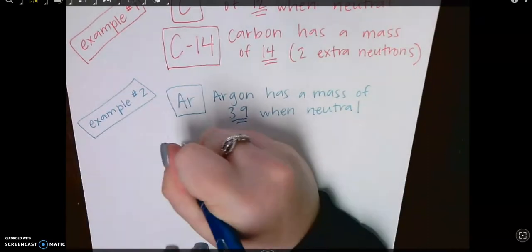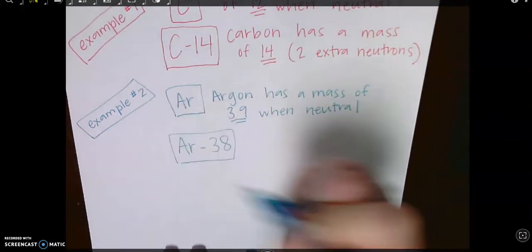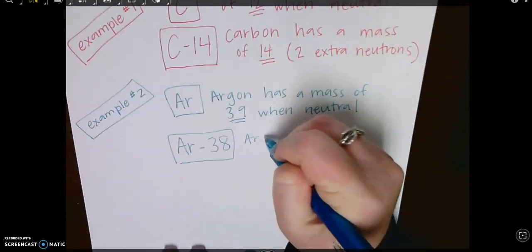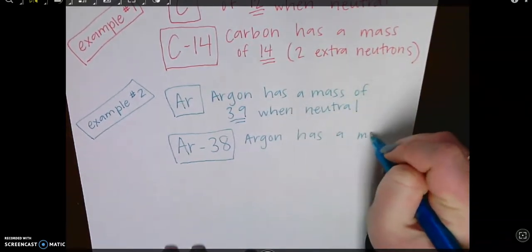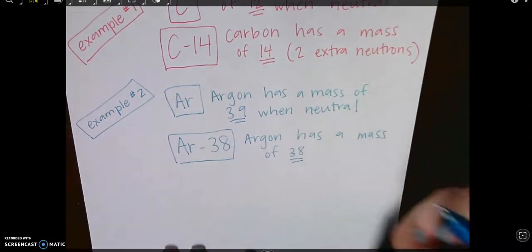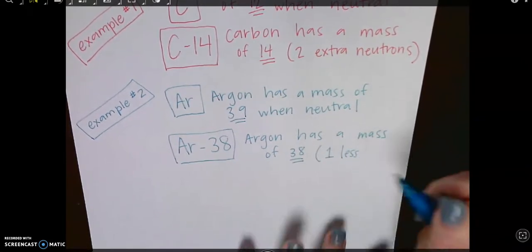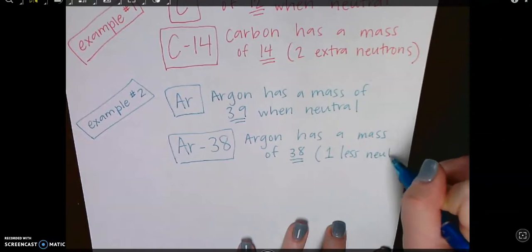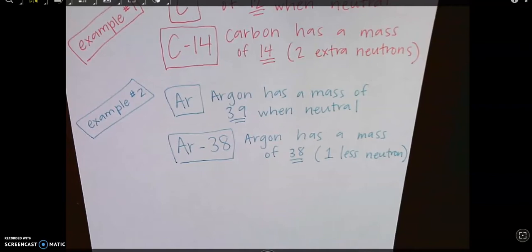So argon 38, or Ar 38, has a mass of 38, which means that there is 1 less neutron than there normally would be. If you need to pause the video to write down this example, please do so.